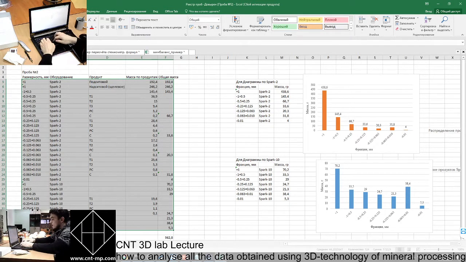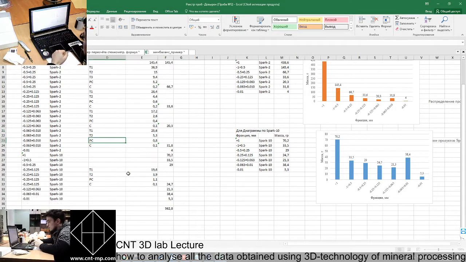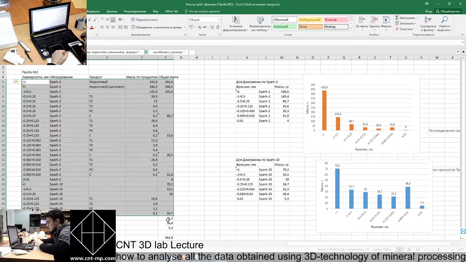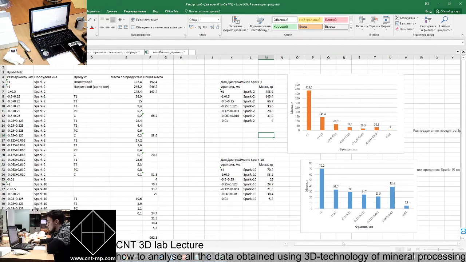Unlike the common approach of studying just thin sections, when you receive random sections, and to receive the same representativity you have to analyze more than 100 thin sections. So I can talk about the advantages of this technology forever, but let me show you the final diagram of grain size distribution.